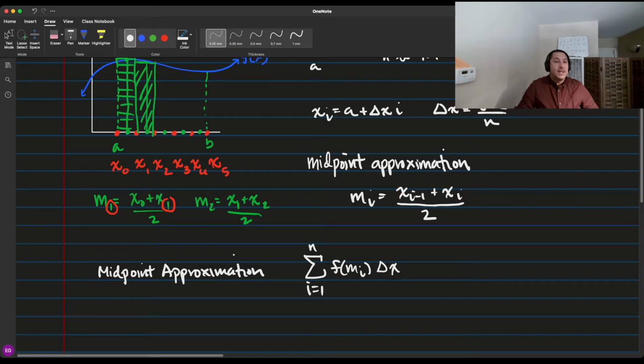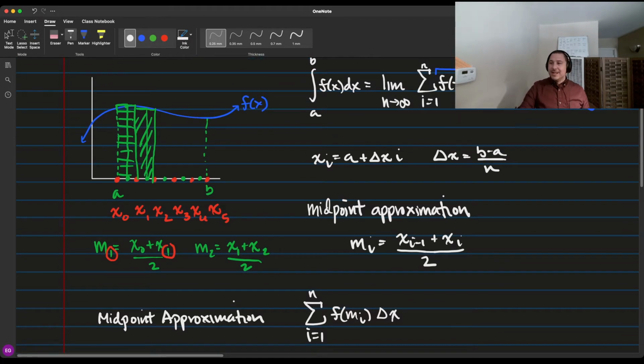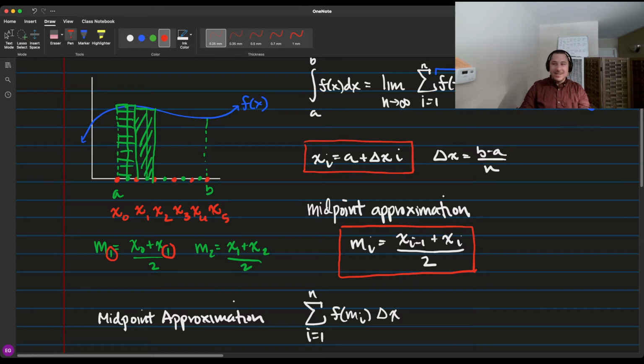Again, I'm going to go through an example and show you in Wolfram how to do this. What's going to be sort of annoying about it is that you notice that mi is written in terms of what? The xi's. So to do the midpoint approximation, you're going to have to come up with your formula for the left and right endpoints, and then you'll use those to come up with a formula for your midpoints, which will then be plugged into your function.